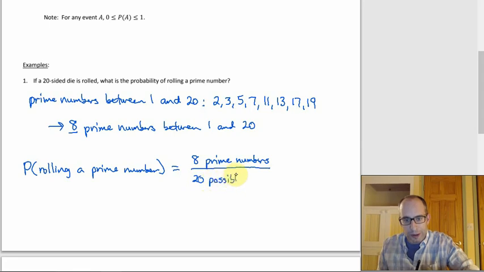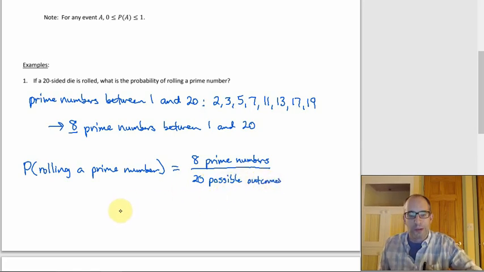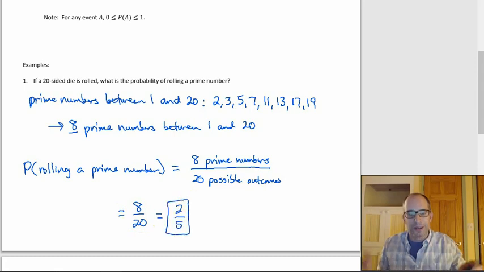And I guess usually you wouldn't write this with the words, right? You would probably just write it as 8/20. And then that's going to reduce because both of those numbers are divisible by 4. So that's going to reduce to 2/5. And that would be the answer.